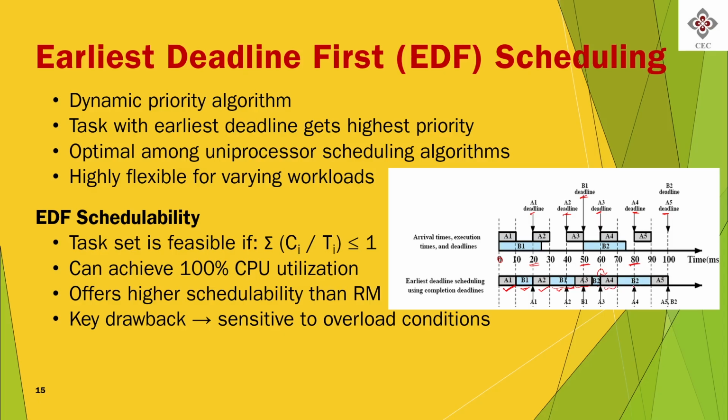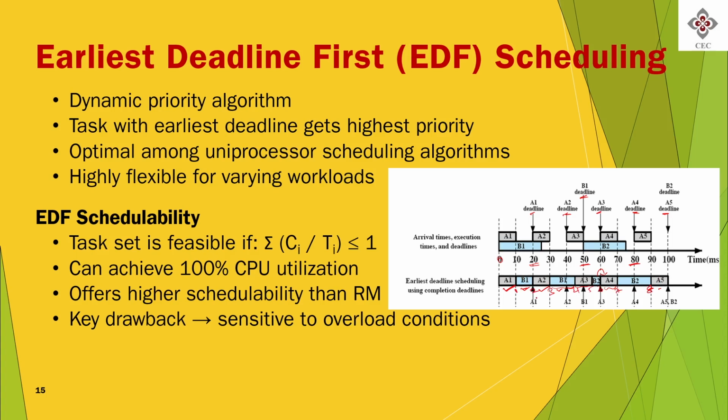After this, we have A5. At this point A5 arrives; A5's deadline is 100 and B2's deadline is 100. So, B2 gets completed, then you assign A5. This is how the priority keeps changing and all the subsequent tasks will be executed. We have made so many context switches here: 1, then 2, 3, 4, 5, 6, 7, 8.